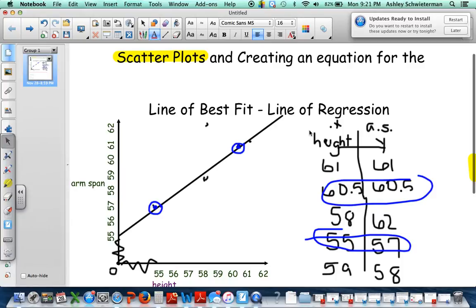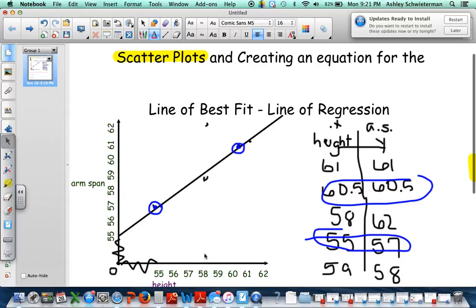Now, like I said, there are different types of scatter plots, but there's only 3. So just like if you're looking at slope, there are 4 different slopes. There's a positive slope when it's going up from left to right. There's a positive correlation when the points generally look like they're going up from left to right. If the points look like they're going down from left to right, it's a negative correlation.